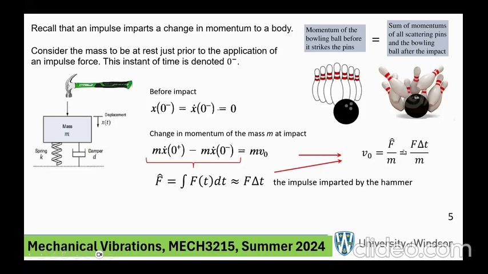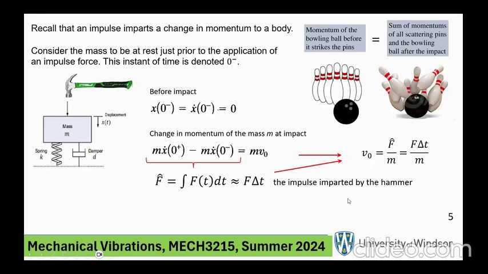If you gave me the delta T, and an idea of how much force is exerted during that short time, and I divide that by the mass of the block, I get the initial velocity of the block.